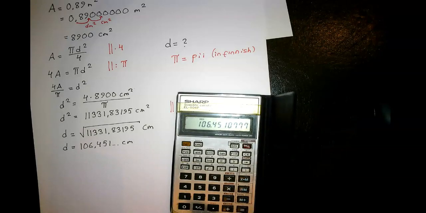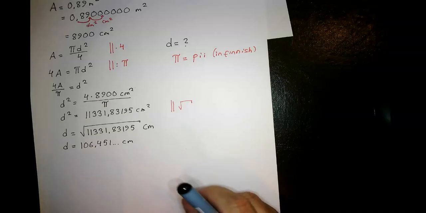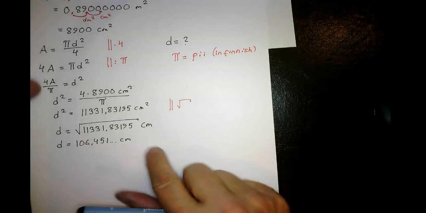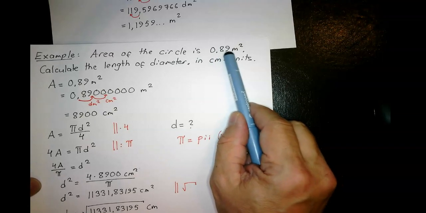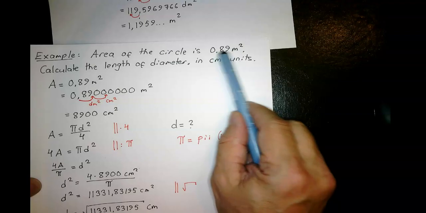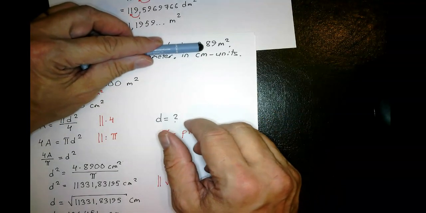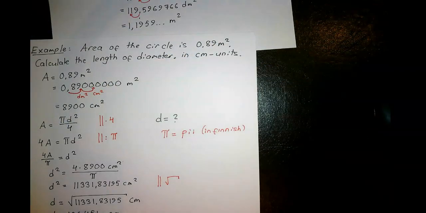And then again there may be some accuracy which we would like to use when rounding the result, but I'm not doing any rounding now because in this problem, actually the starting value of the area was given only with two numbers. This first zero is not a significant number, these two are, so there are two numbers accuracy.